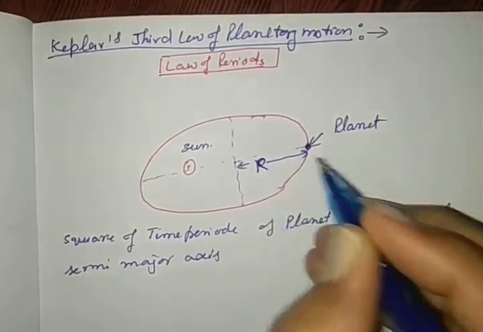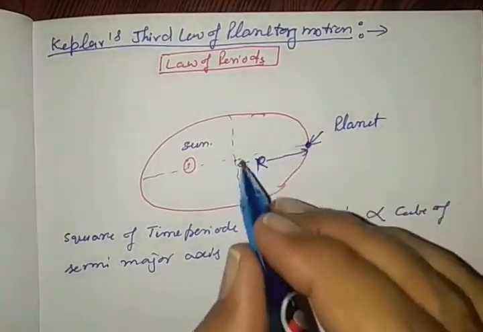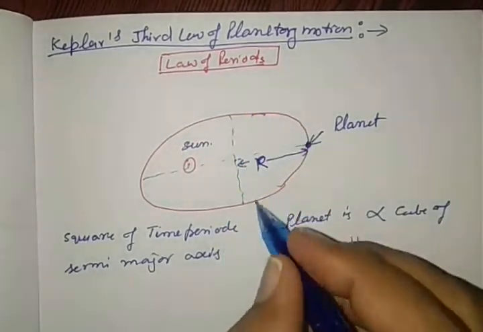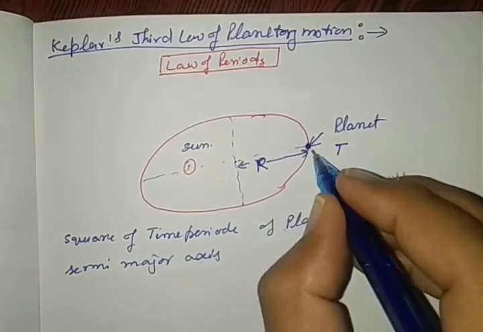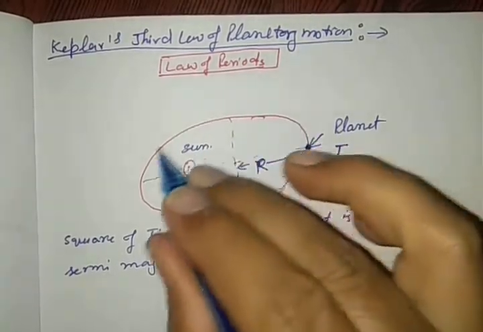Since the semi-major axis is represented by R in this case, we are going to represent it by capital R. So according to the third law, the time period is the time taken to complete one revolution of the planet.